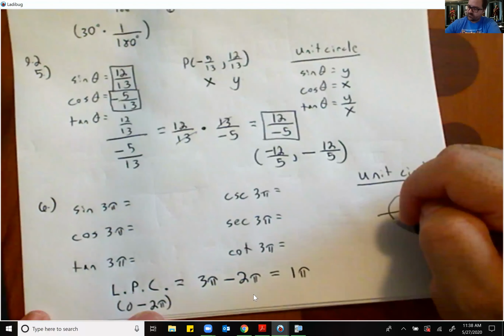So -12 over 13 times, because division becomes multiplication, flip it, 13 over -5. The 13s cancel out, and the negative over the negative becomes positive. So tangent alpha equals 12 over, sorry, I wrote 15, should be 5. Silly Mr. Armstrong. 12 over 5.